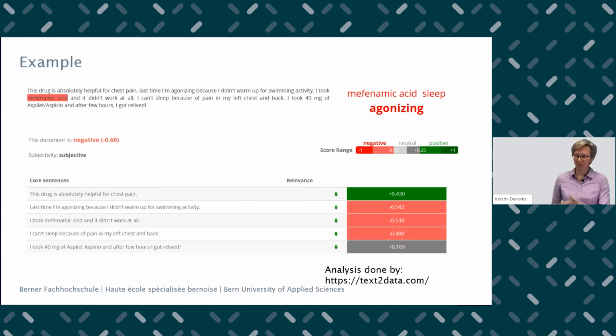But when aggregating the sentiment of all these 5 sentences, the system has to decide it's a negative posting, a negative opinion. And here we still have to do some research on how to deal with these things. Maybe we have to weight the first sentence more than the other sentences or things like that.